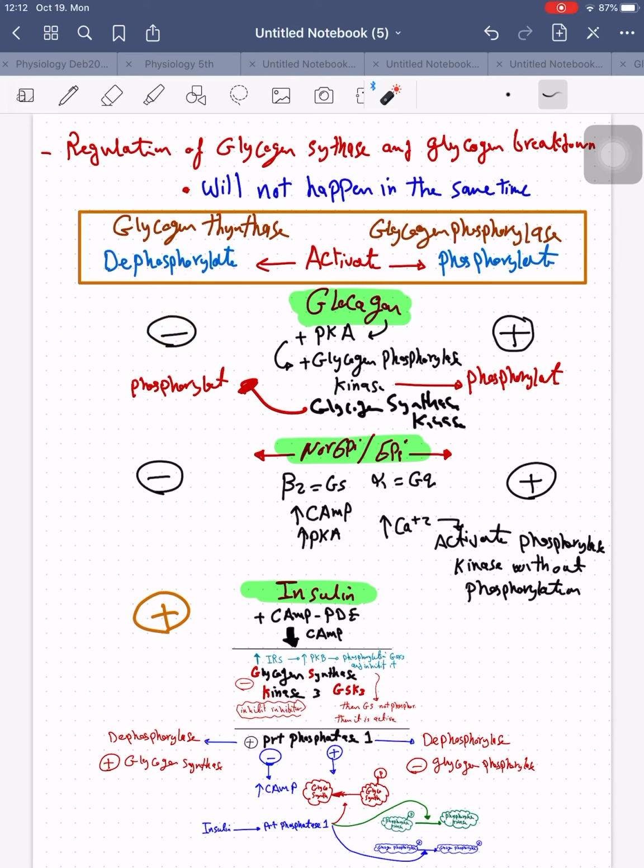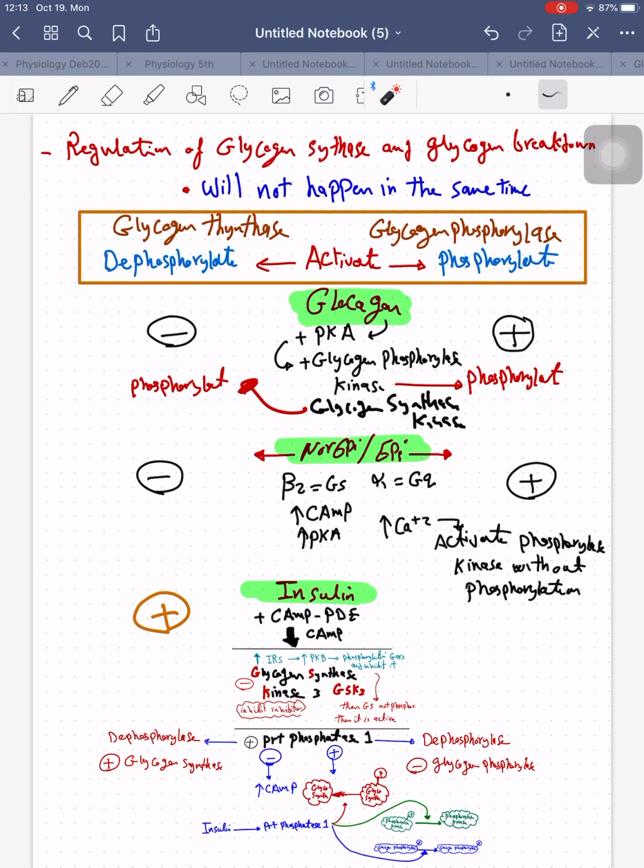So glucagon makes phosphorylation of both enzymes. At what time do we release glucagon? When we have less glucose in the body, when we are fasting or exercising. Which areas in our body are affected by glucagon? The liver and the muscle.